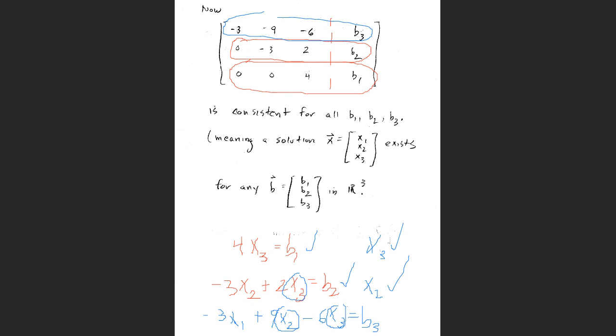So will x1 have a solution for any B3? Yes, it does. For any value of B3, x1 will have a solution. So I don't need to actually solve for x1, x2, x3 in terms of B1, B2, and B3 to answer this question. I can just reason it this way.